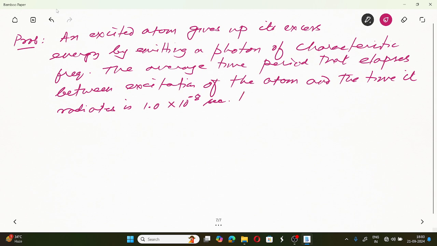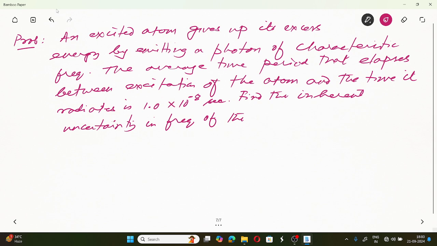Find the inherent uncertainty in frequency of the photon.